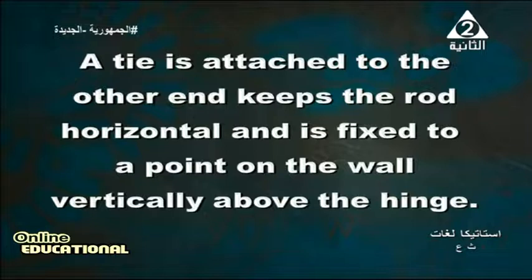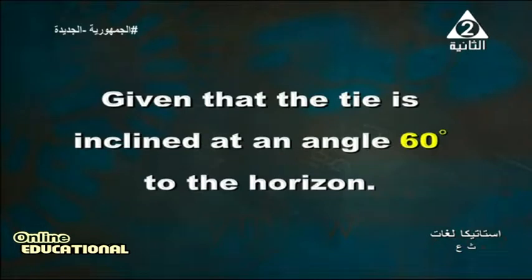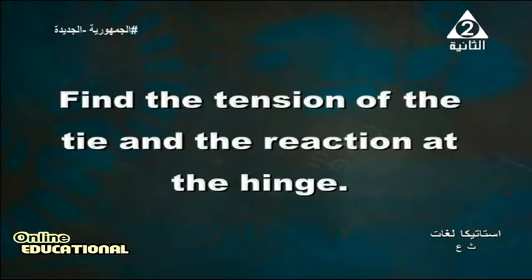A tie is attached to the other end, keeps the rod horizontal, and is fixed to a point on the wall vertically above the hinge. Given that the tie is inclined at an angle of 60 to the horizontal, find the tension of the tie and the reaction of the hinge.